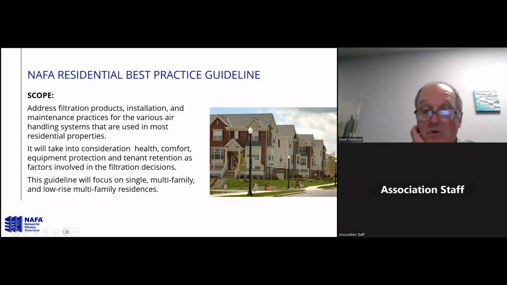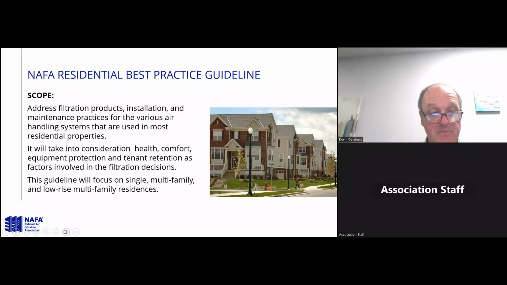And this guideline will focus on single, multifamily, and low-rise multifamily residences. As Tony had mentioned earlier too, we're not looking at high-rise apartment blocks. They have more in common with a commercial guideline, and the commercial guideline is available on the website as a free download. So have a look at that one if you're interested in high-rise buildings.